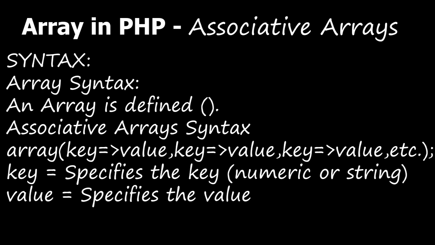Let's see the associative array statement. Here they have given array of key, then value, key value, key value. For each value you have to give the key and the value. Key specifies the key, which may be numerical or a string. Value specifies the value.